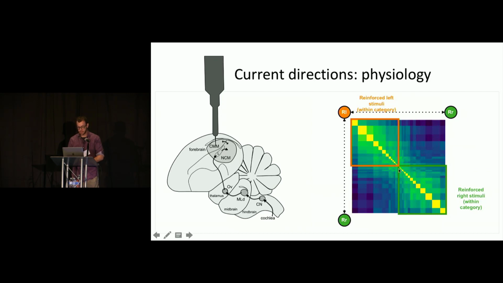This is a very first pass analysis, but what you're seeing is that within category there are higher correlations than between category. Obviously in this plot I'm not controlling for anything like spectral or acoustic similarity, but these are the kinds of analyses that I'm working on right now as I collect this data.